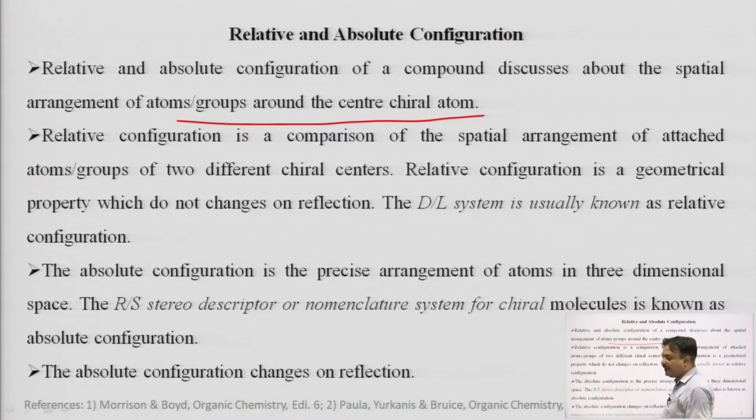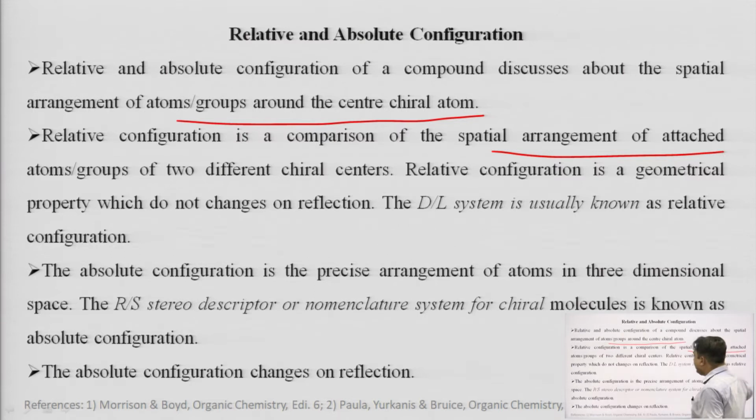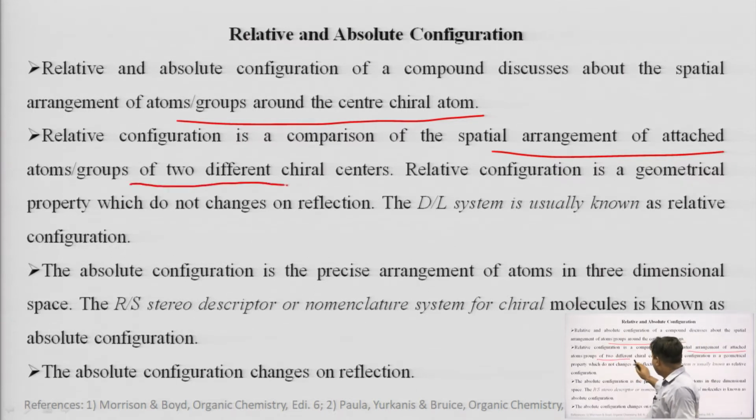So, relative configuration is a comparison of the spatial arrangement of attached atoms or groups of two different chiral centers. One is the molecule which we are comparing, and the second molecule is glyceraldehyde, to which we compare the first molecule.